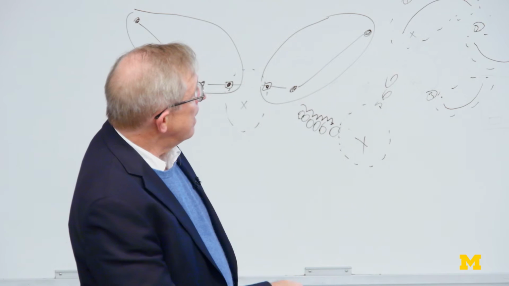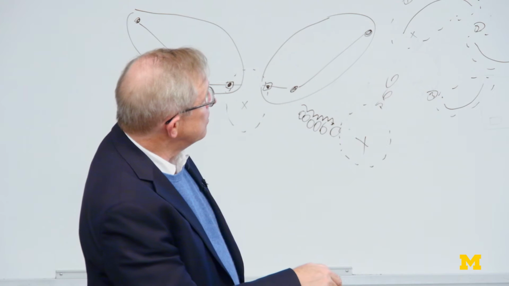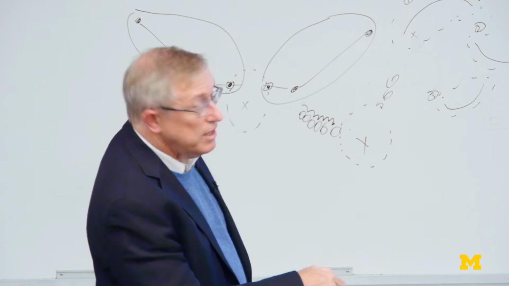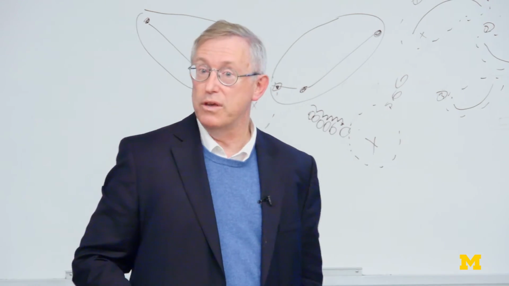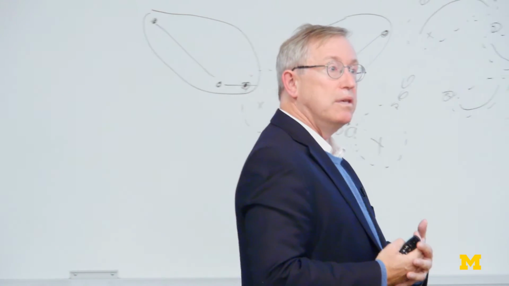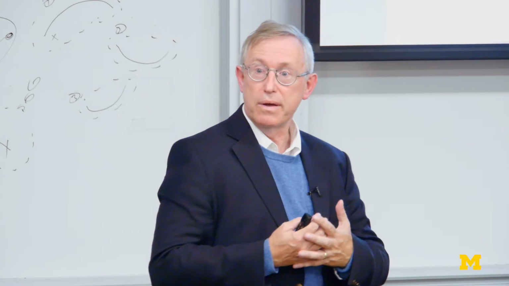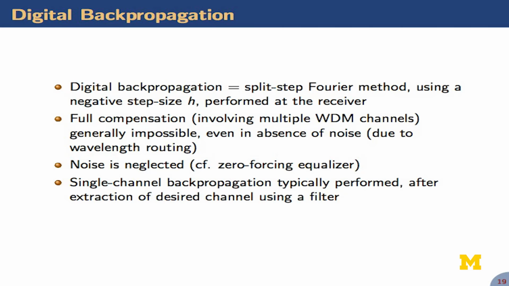Now, you might think that you could numerically simulate these 5 channels all back at the receiver and do some kind of multi-user detector, okay? Well, this is actually not practically possible, even in principle, because what happens in a real network is that you get a user that's transmitting information, say, from Detroit to Los Angeles, on a wavelength that's red, let's say.